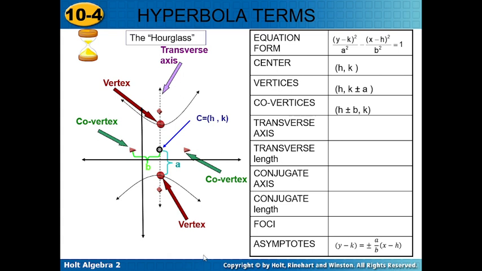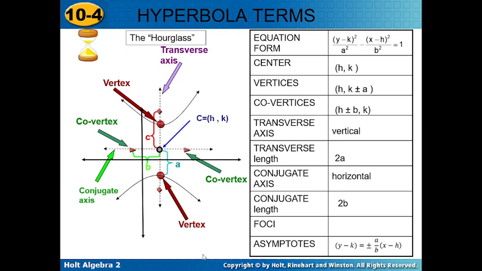The transverse axis could be found where your vertices and foci lie. The length of your transverse axis is 2a and it's vertical, correct? And this is your conjugate axis, which is horizontal, and the length of that conjugate axis is 2b.